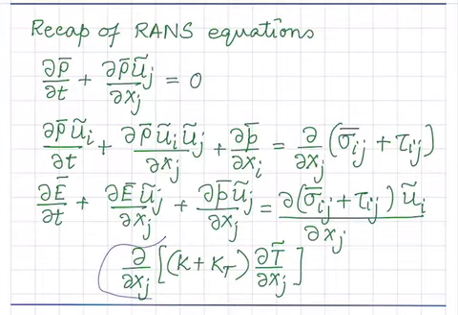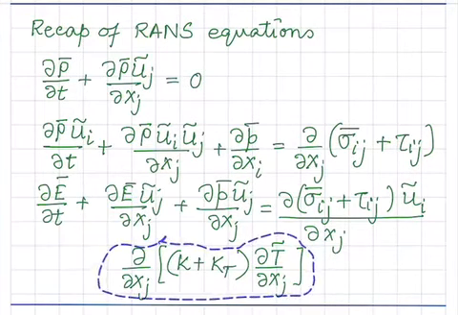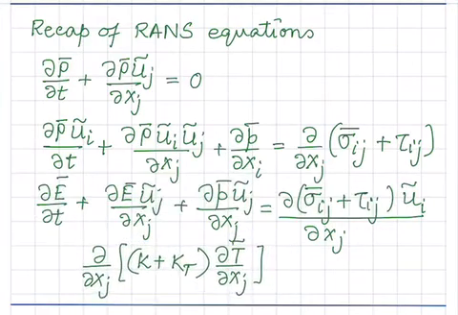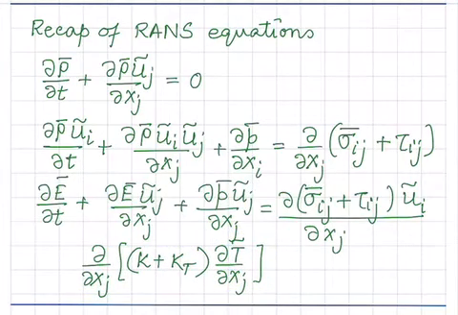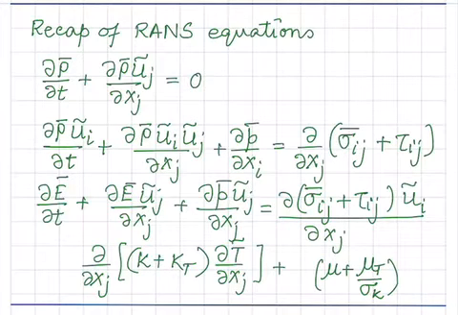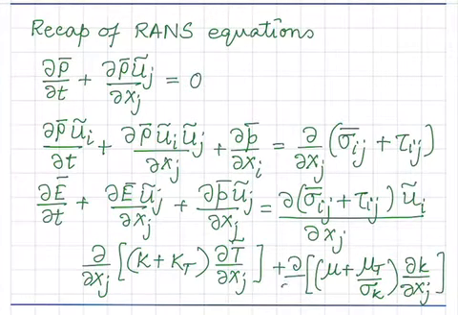And a similar term we have for the turbulent kinetic energy, remember that the definition of E bar, the total energy, includes turbulent kinetic energy as well. So if there is any viscous diffusion of turbulent kinetic energy of this form, mu plus mu_t by sigma_k, sigma_k is a model parameter, dk/dx_j, the whole thing derivative d/dx_j.